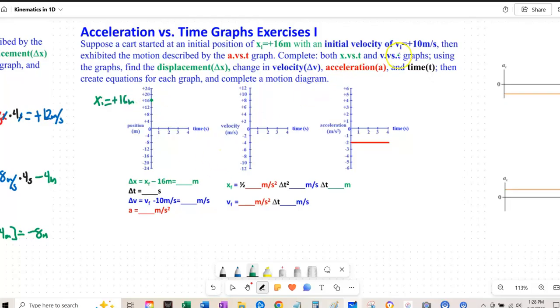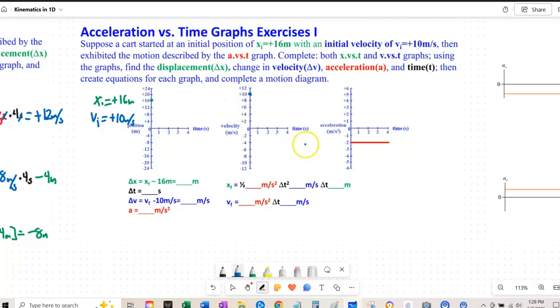And we know its starting velocity is +10. So its starting velocity is going to be positive 10. And so that means starting velocity is up here.